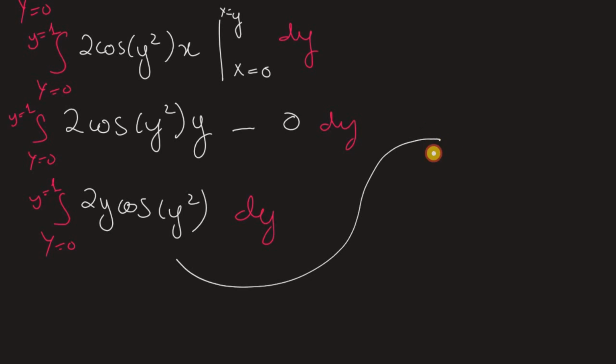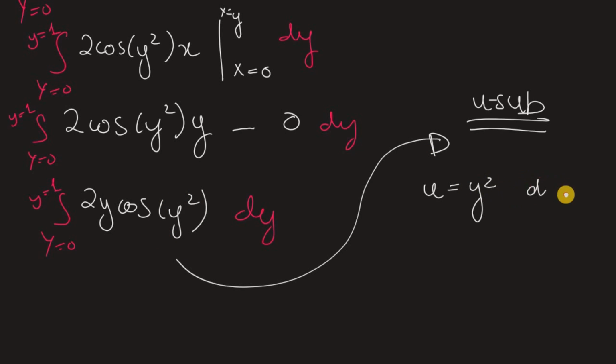Let's go ahead and use U-substitution for this. Our u, we're going to take the inside function, which is y squared. What's the derivative of y squared?